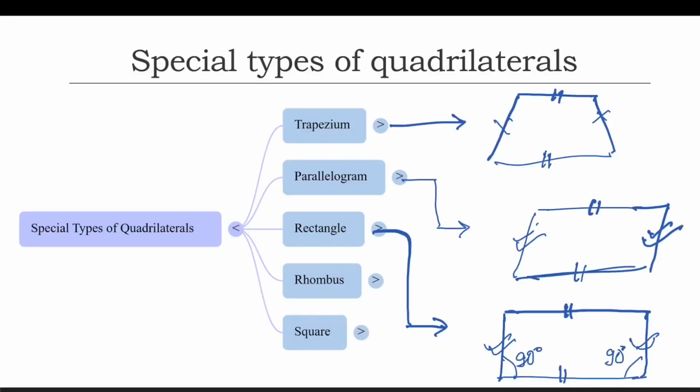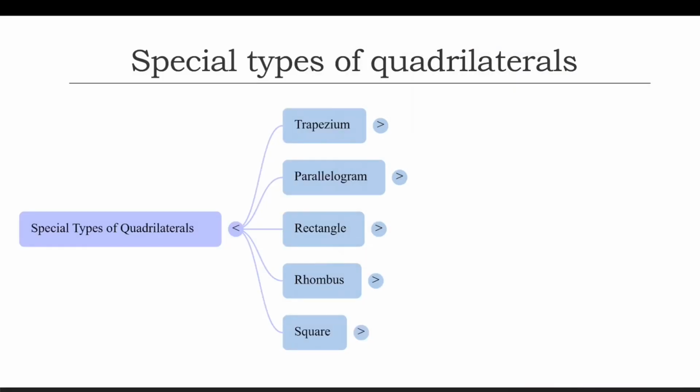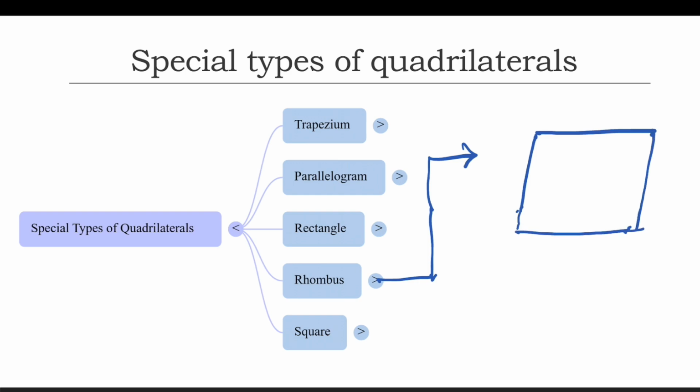Then we are coming to rhombus. What is a rhombus? Parallelogram only, but all four sides are equal. So this is parallel to this, and this is parallel to this, and all are x centimeter, meaning all are equal in size.